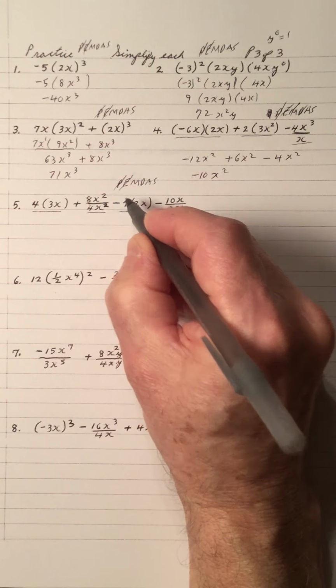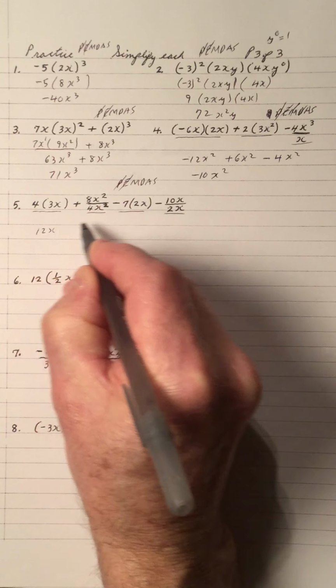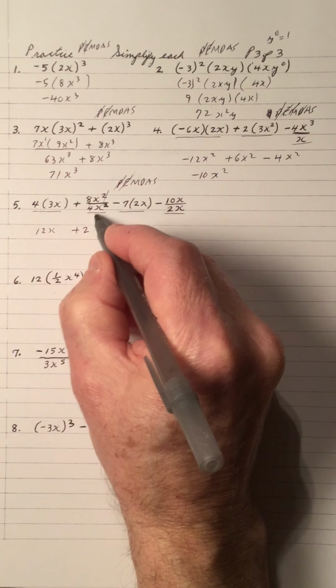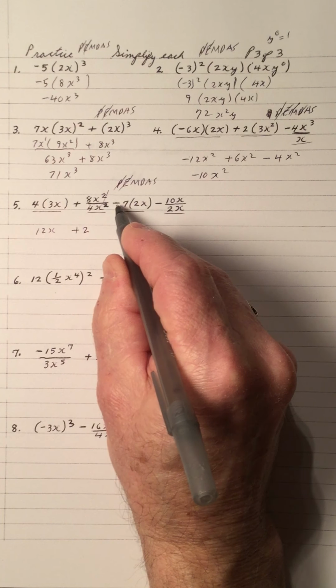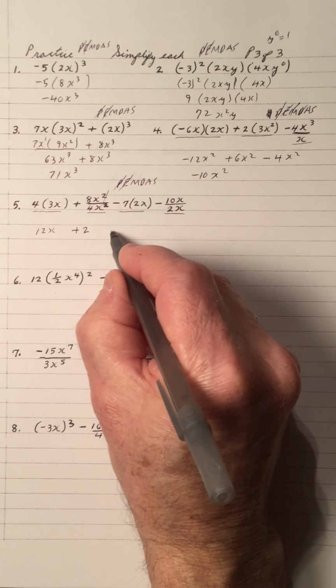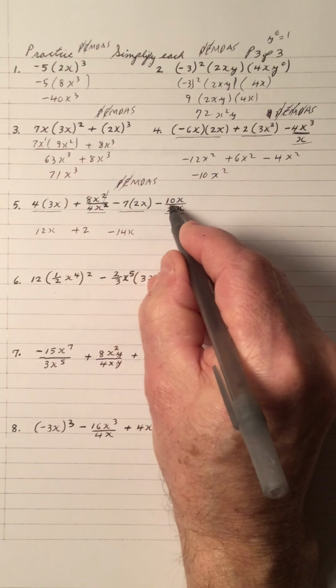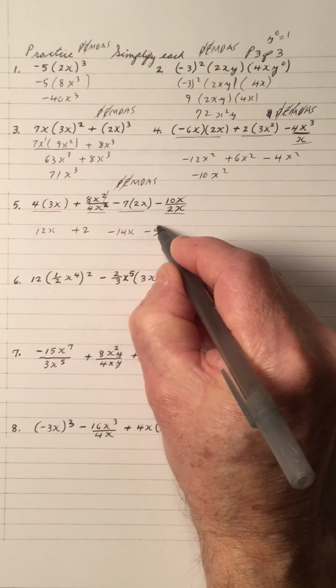Here comes the multiplication, division. Multiply, and I get 12x. Divide, 8 divided by 4 is 2, and the x's cancel. And that's a negative 7 times 2x is negative 14x. And that's a negative 10 divided by 2 is negative 5, and the x's cancel.